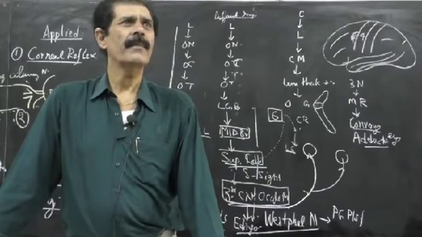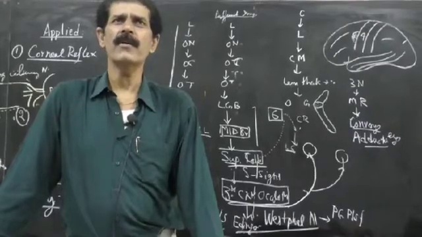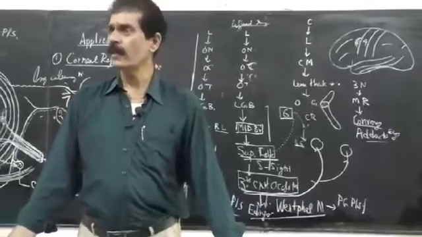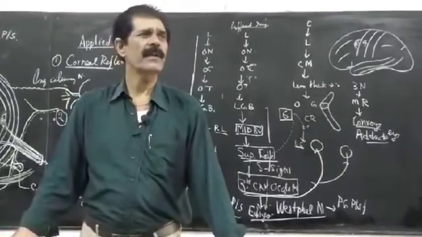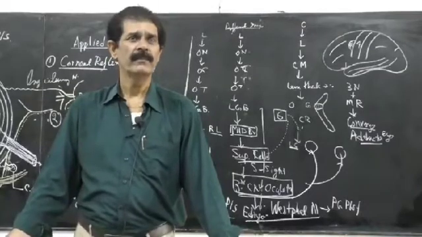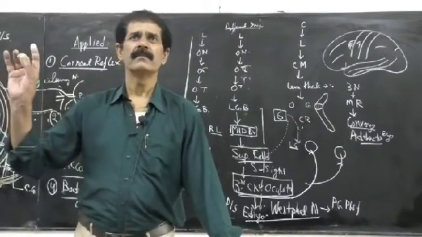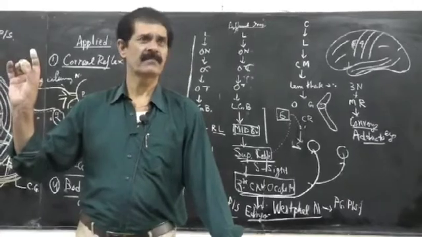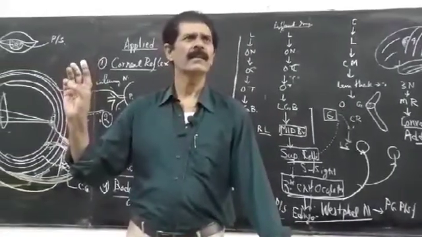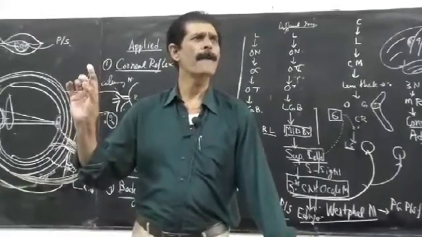So the corona radiata carries not only corticospinal but also corticonuclear fibers. And these corticonuclear fibers, what is the definition? In the white matter of the cerebrum, there are three types of fibers. Projection fibers, again three types: corticospinal, corticonuclear, and corticopontine.